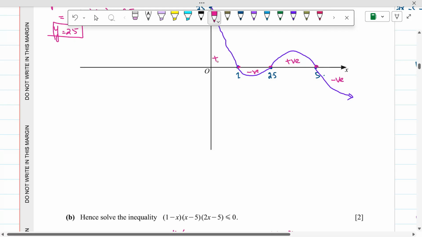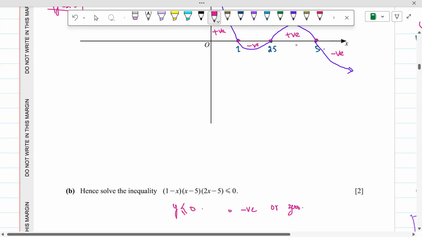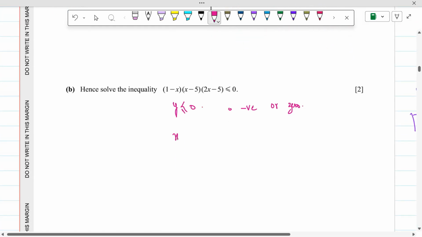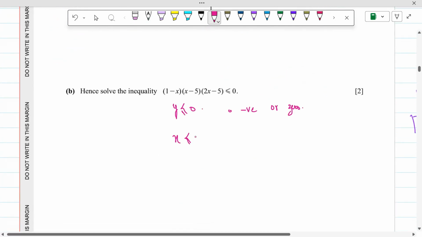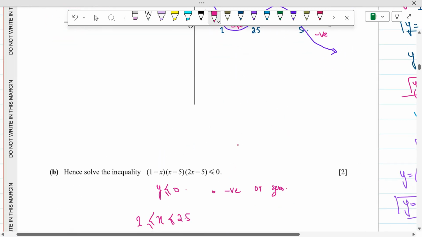We need the range where y is below the x-axis. From 1 to 2.5, so x is less than or equal to 2.5 and greater than or equal to 1.